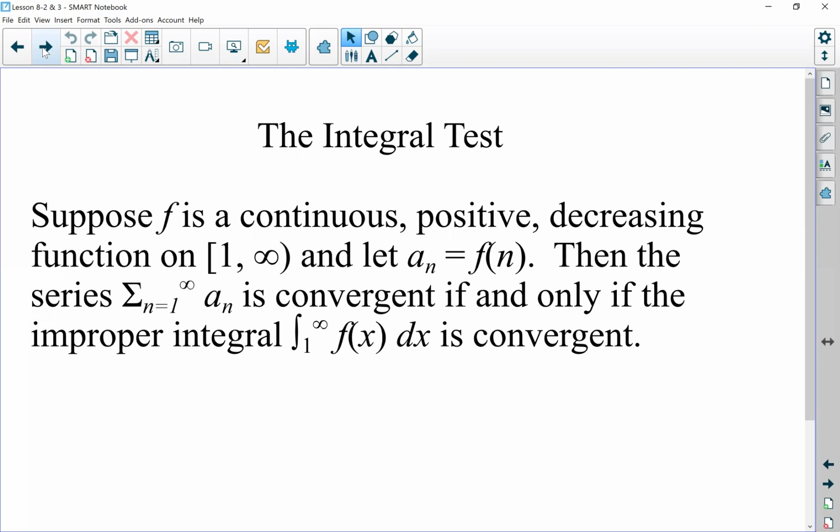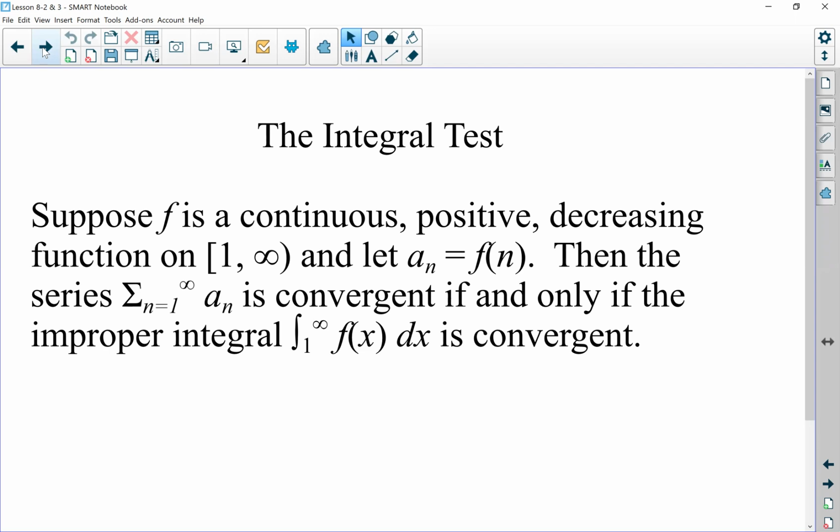So one way is through the integral test. If f is a continuous positive decreasing function on the interval from 1 to infinity, and we're going to let a sub n, the nth term in our series, be thought of as the function f at each integer value.